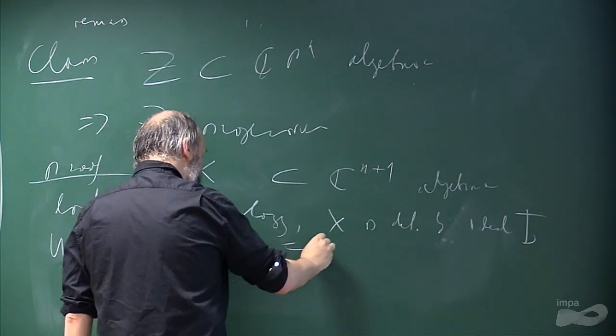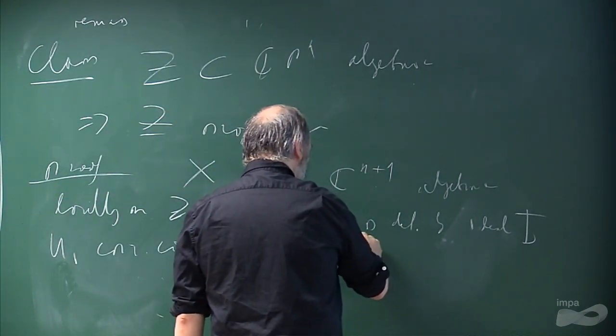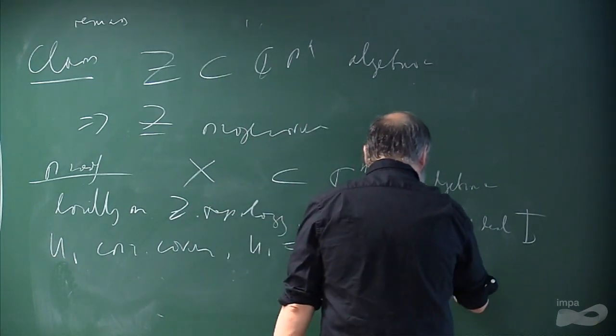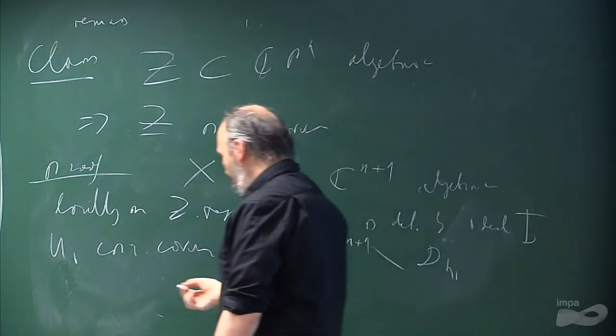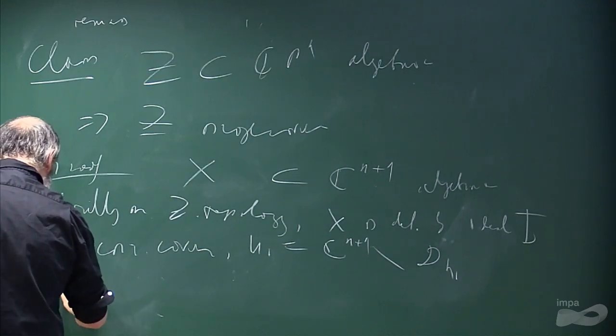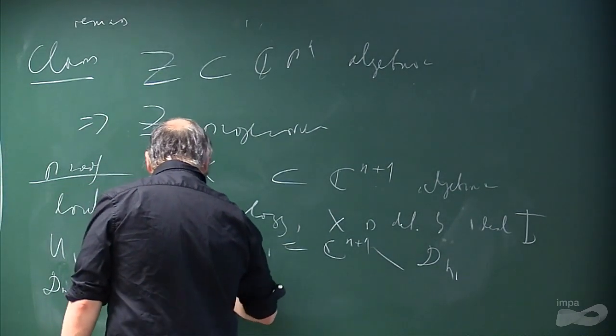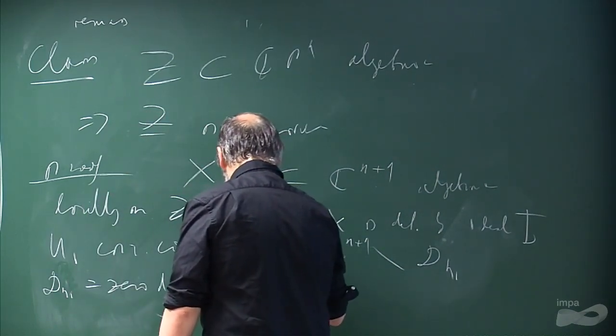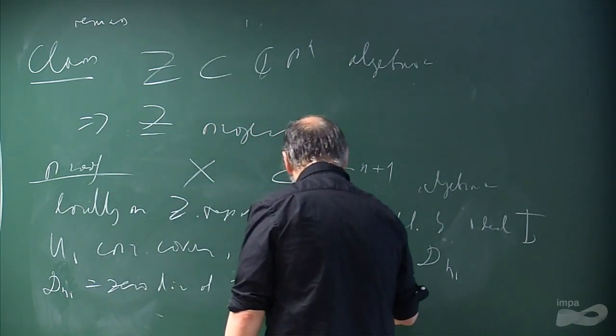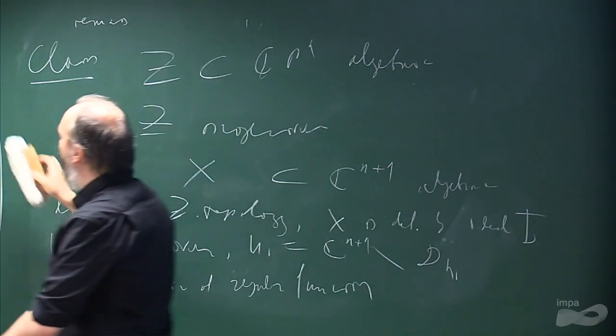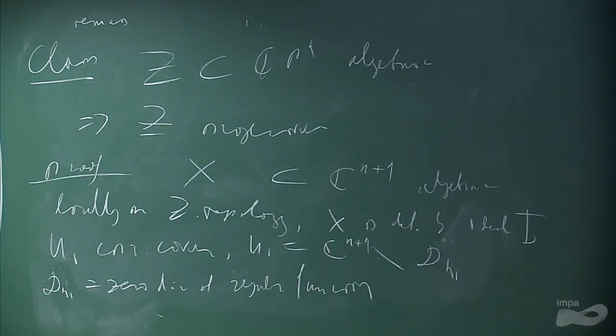And each U_i is C^(n+1) without the divisor of h_i, where h_i is a regular function, the zero divisor of a regular function. Then the corresponding ideal is finitely generated.